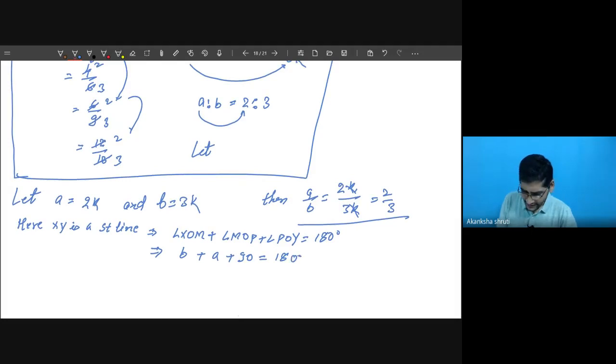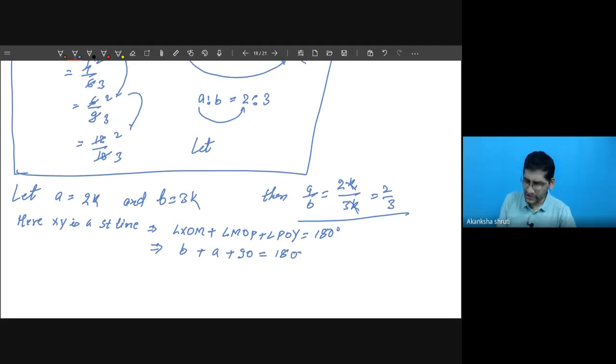Now student, we need to use the ratio given. This implies substituting B equals 3K, A equals 2K, and 90 is already 90, equals 180.